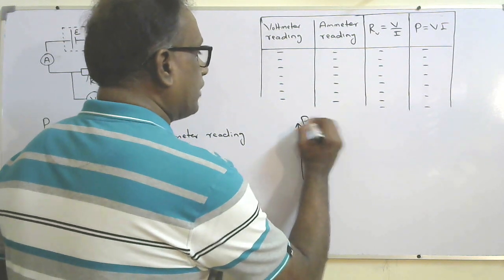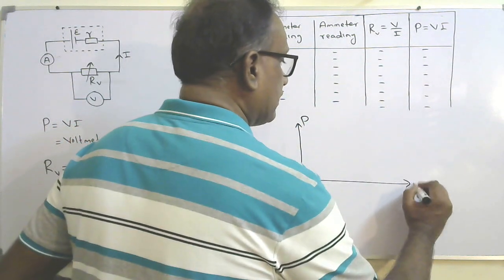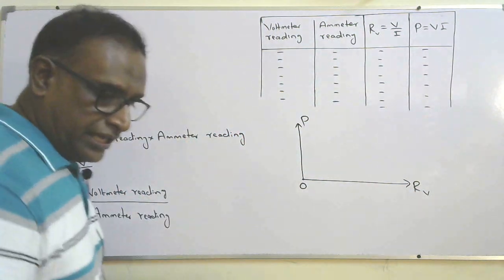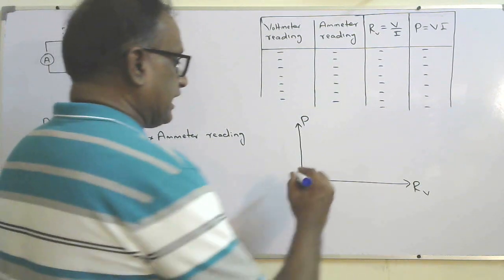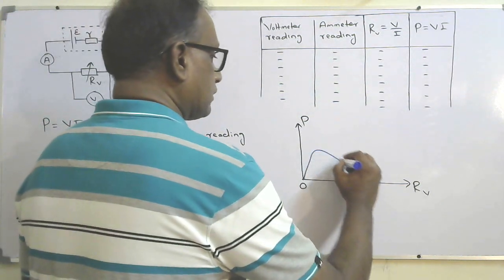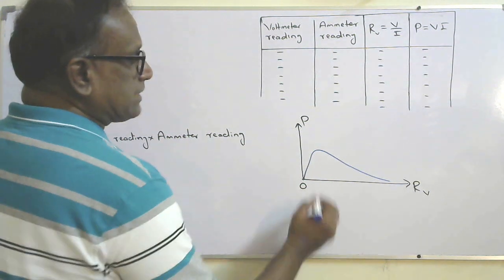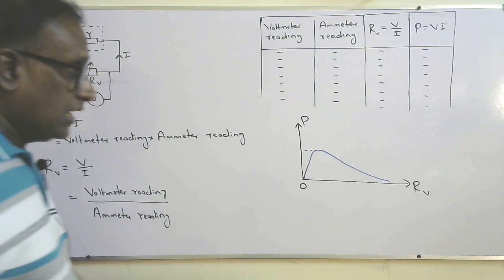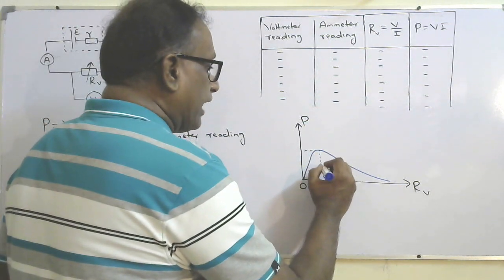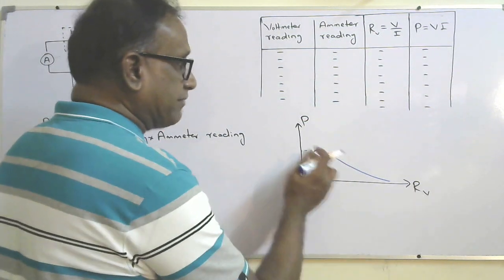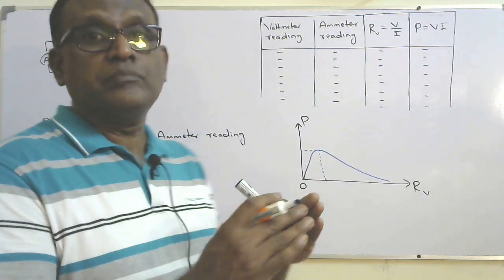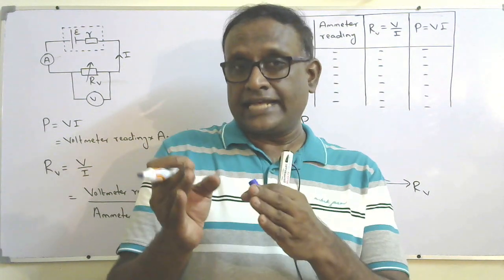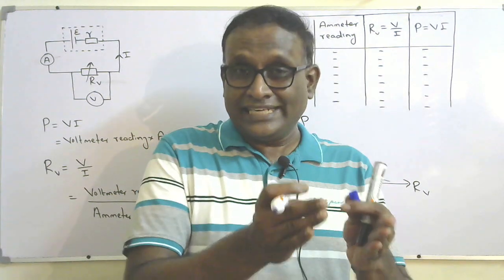So this is the power output and this is RV. If I start the x-axis from the origin 0, you will get a graph like this shape. It will approach an asymptote and there will be an optimum power for a particular value of RV. So from the graph, find the value of RV that gives the optimum power, the maximum power to the external component for the given power supply, which has constant EMF and constant internal resistance.